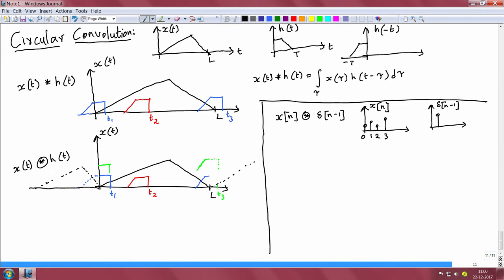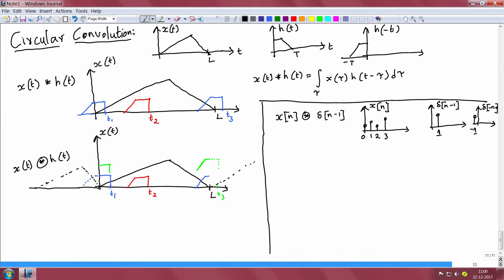These are the values of x of n at different time instances. Now if we reflect this signal back, we get delta of minus n minus 1, which is going to be at minus 1.